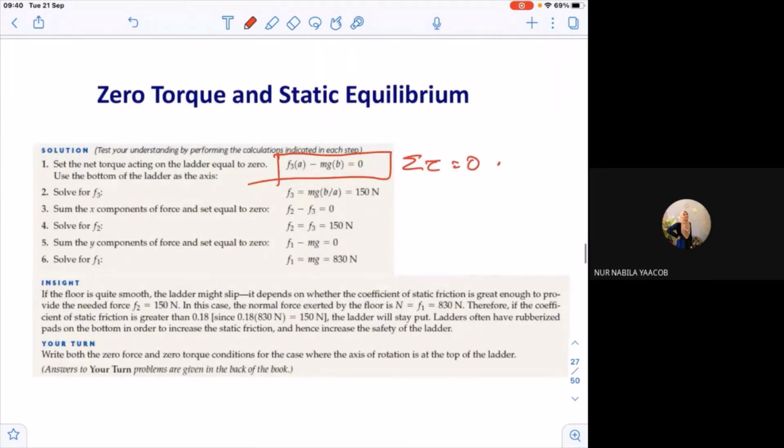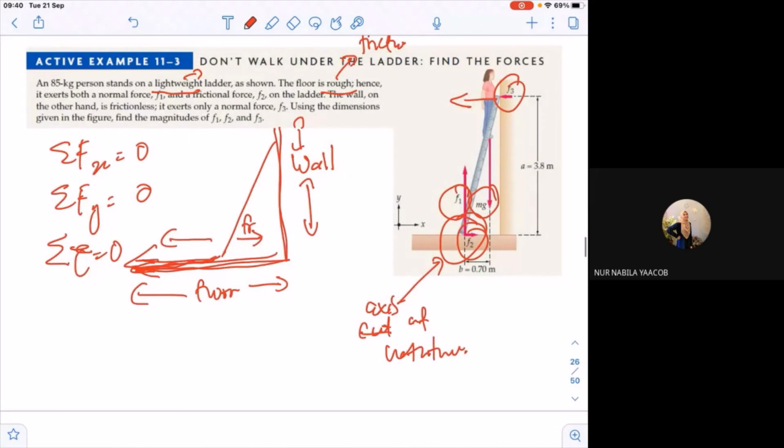So mg and F3 only. So F3 multiplied by A.